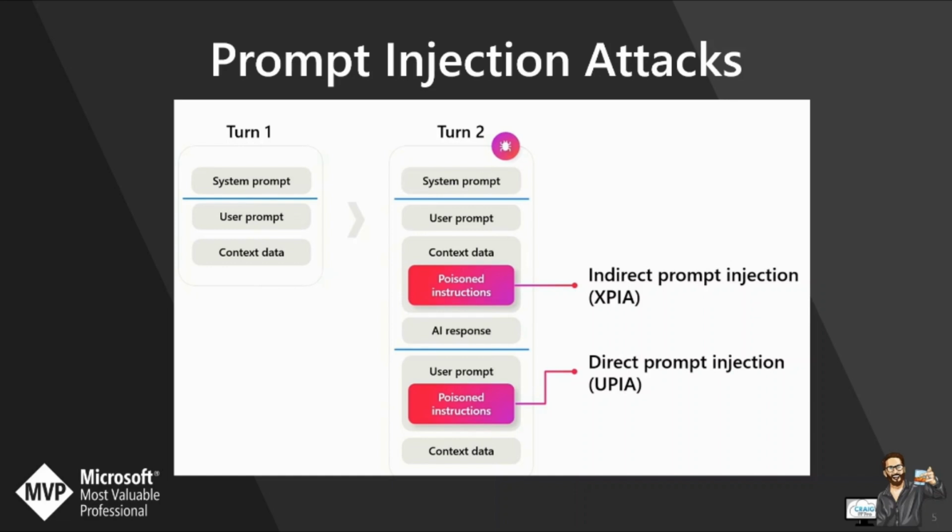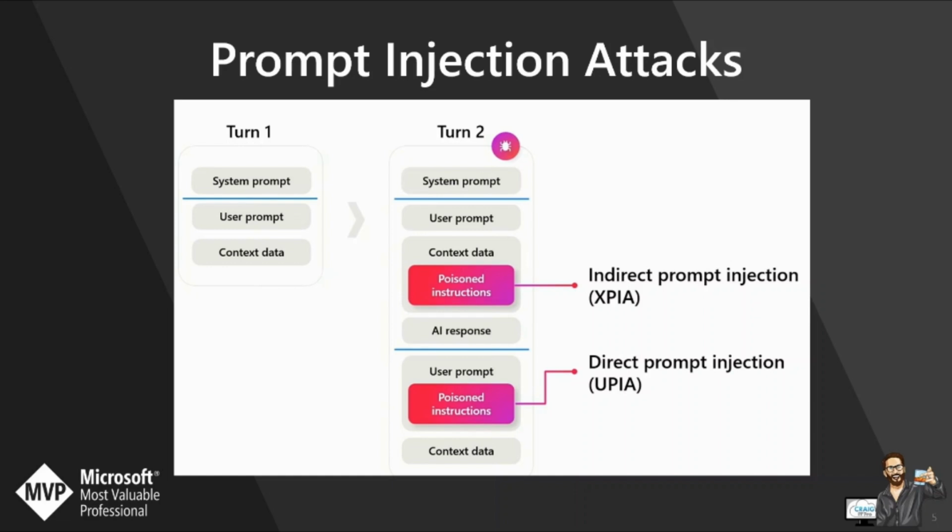First, indirect prompt injection. Here the attack occurs through poisoned instructions embedded in the context data. This data could manipulate the AI system's behavior without directly altering the user prompt. And then you have the direct prompt injection. In this scenario, the attacker directly targets the user prompt with poisoned instructions, leading to manipulated responses from the AI itself.